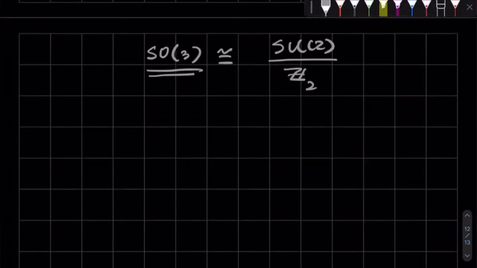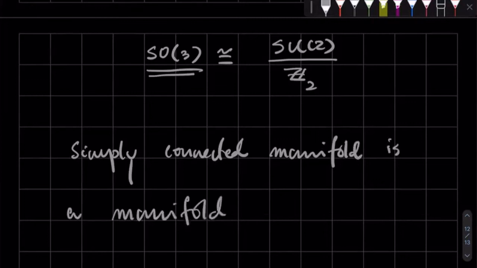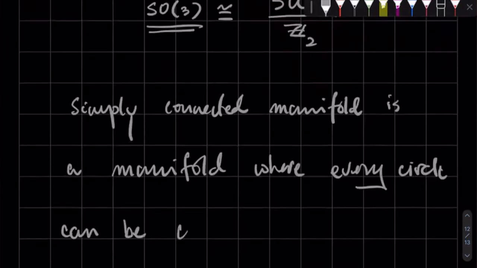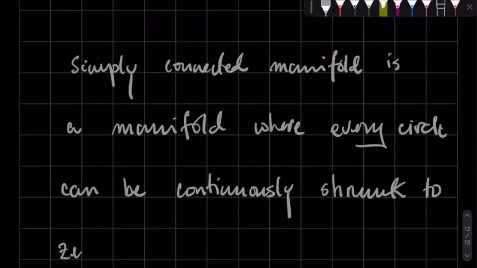It is a manifold, because that's what we're discussing, where every circle can be continuously shrunk to zero, to a point.